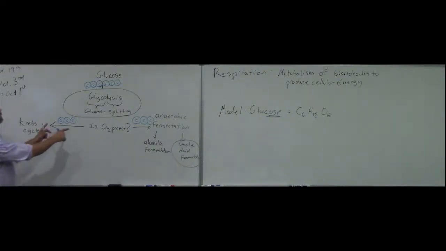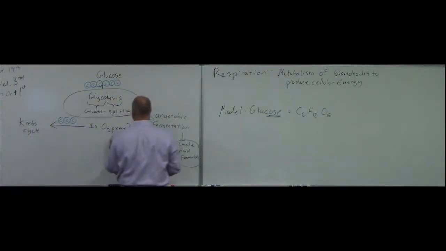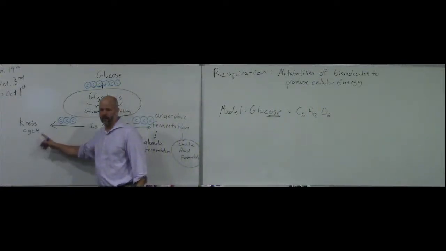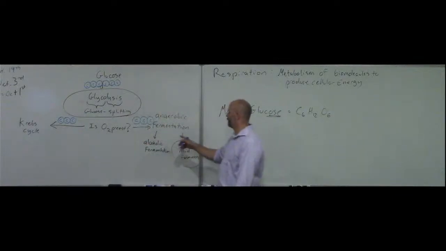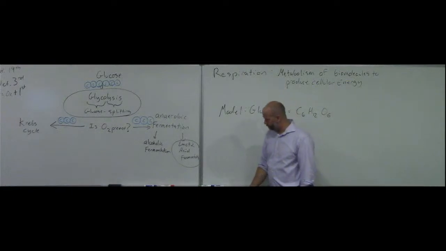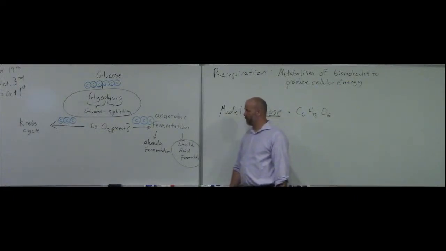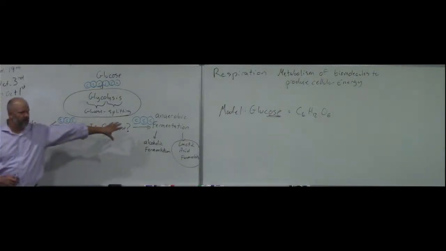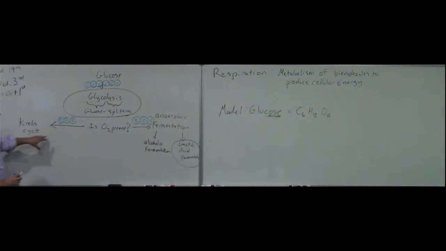Then these 3-carbon molecules, if oxygen is present, they'll go to the Krebs cycle. If there's not oxygen present, they'll go to fermentation or anaerobic respiration. We're done on this side of the equation for now. We're going to come over here. So the Krebs cycle.